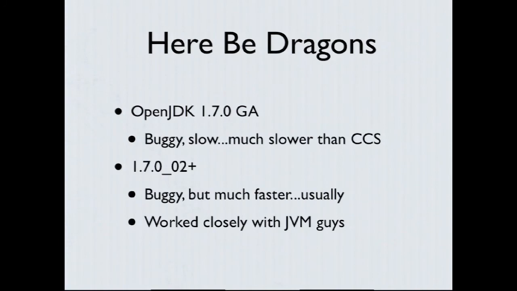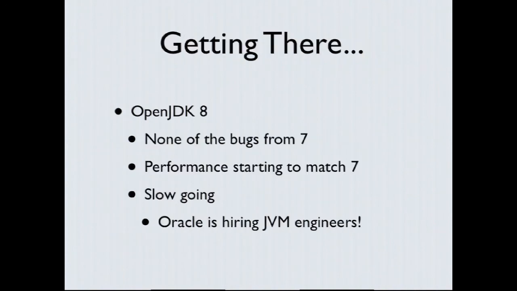Now unfortunately, it's not quite done yet. They did a lot of optimization in Java 7 Update 2 to make this stuff run really fast, but there were a lot of bugs, some issues with it that basically meant that we have to turn off our invokedynamic support on Java 7 currently. The Java 8 builds are improving. The Java 8 builds have none of the bugs from 7.